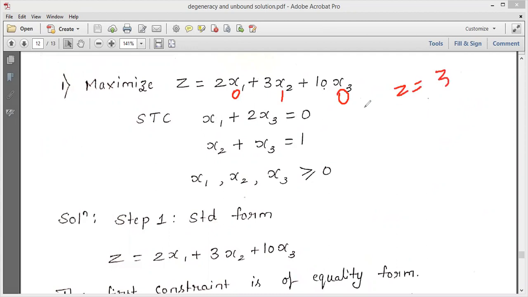So we will start our initial solution from 3. So 3 is the starting solution. From that solution, we will check whether we can obtain a better solution than this.